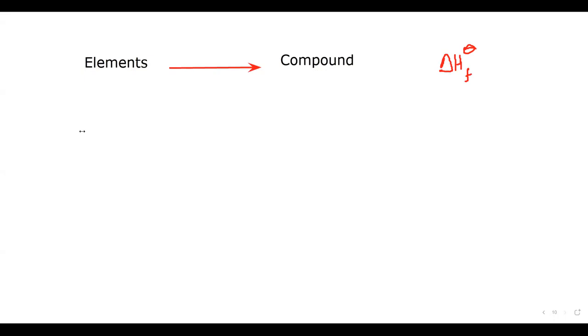But if an element gives atoms in the gaseous state, what we call the energy change or enthalpy change is the standard enthalpy change of atomization, if the conditions are standard. If conditions are not standard, then we don't use that.